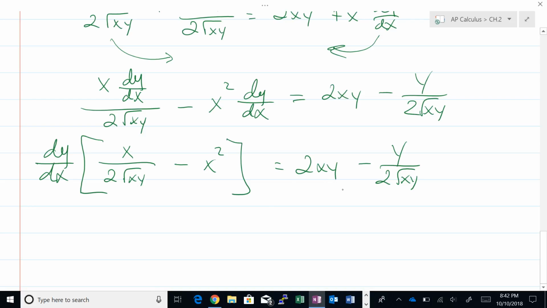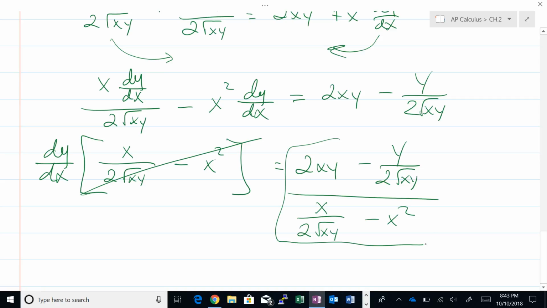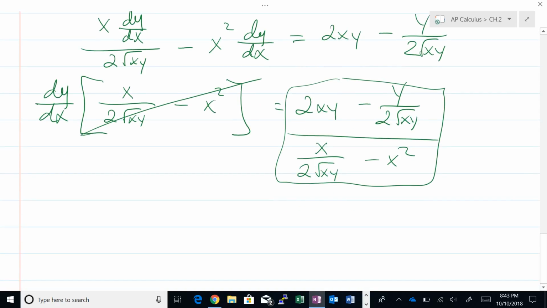I could clean this up a little bit, but I'm looking at this, and that wouldn't really be too nice. So I'm just going to leave it like this. That's the answer. We could clean it up.